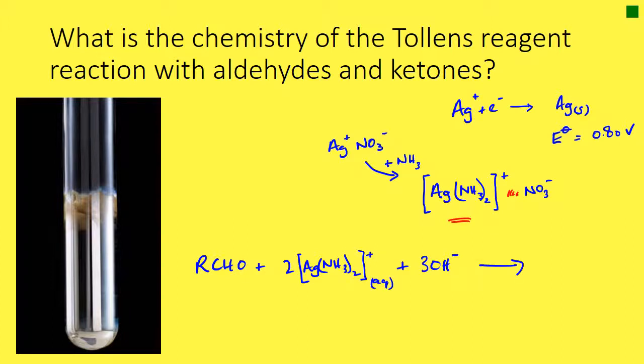And when we do that we get this, we get silver atoms being formed. So we list those as silver solid atoms, 2 of them, and of course we're leaving 4 ammonia molecules on their own, or at least dissolved, and a couple of water molecules.